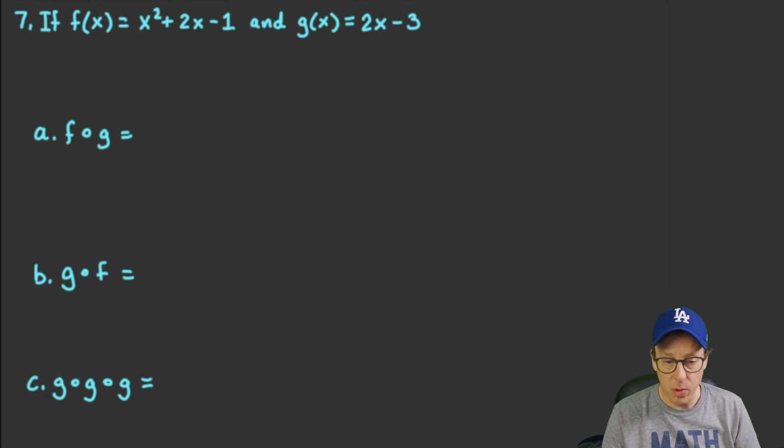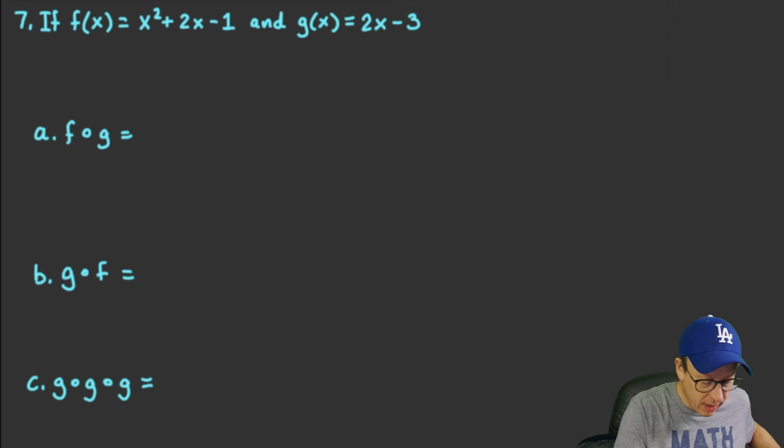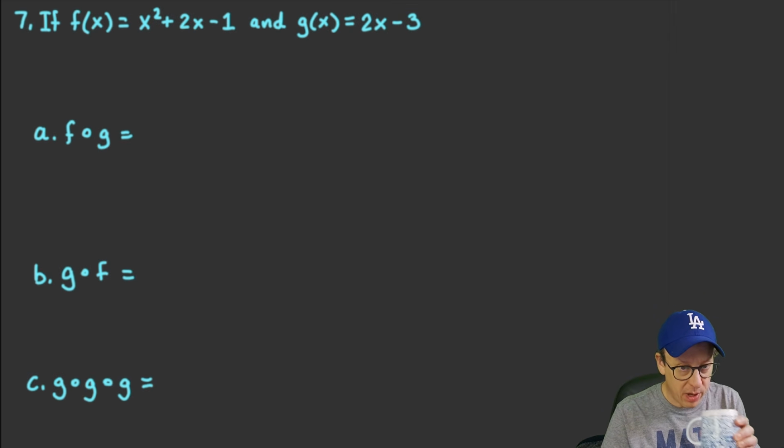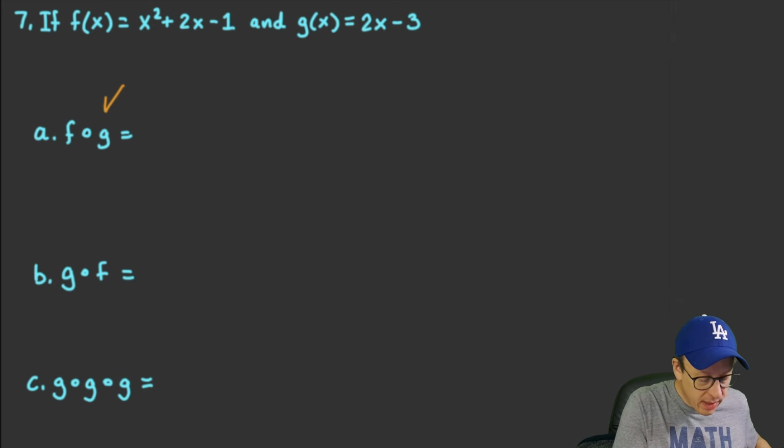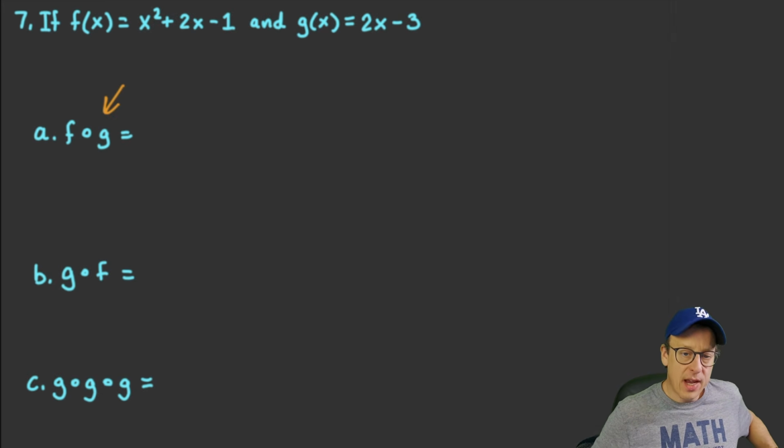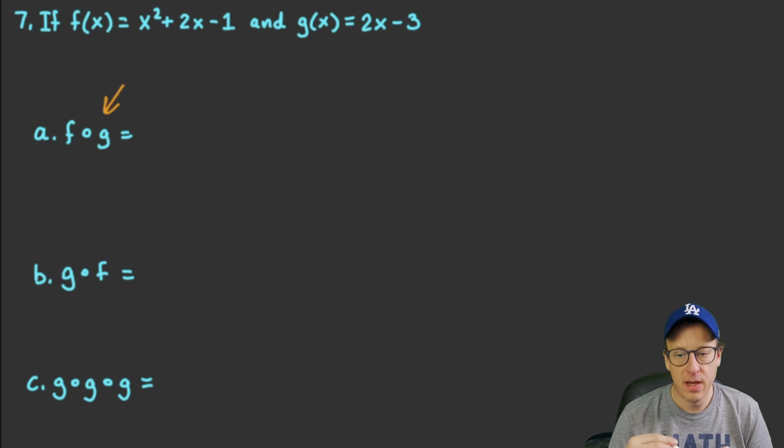All right. Next one. Okay, so now what we're going to be doing is using the concept of having functions composed into other functions. And that's what this is. This is actually saying right here that f is composed with g of x.